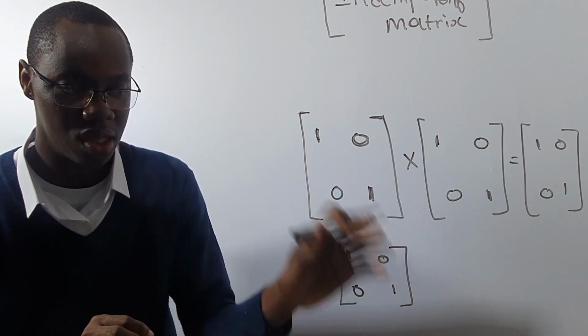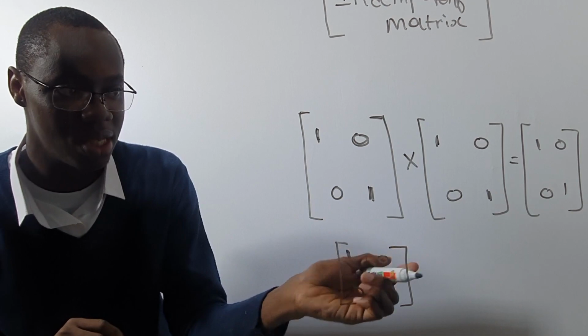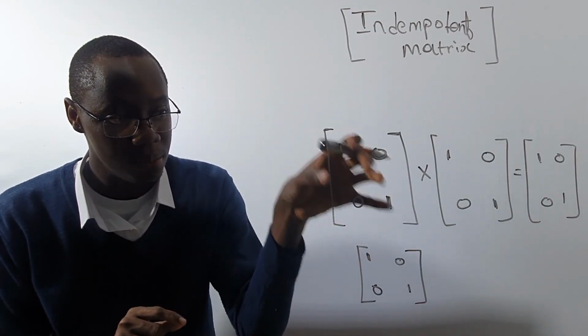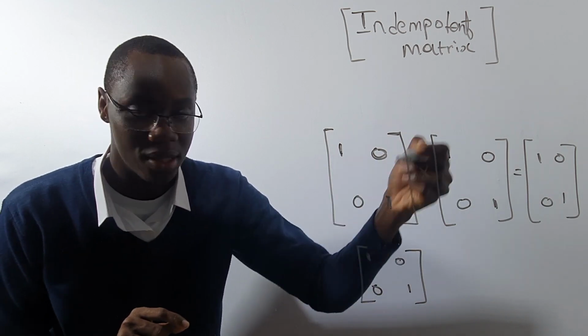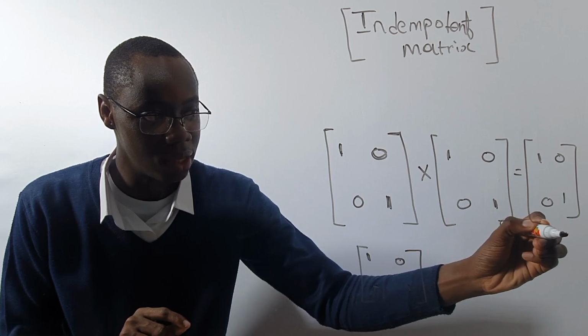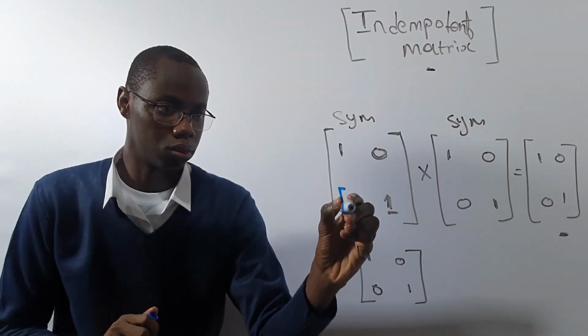Now I know this matrix is symmetrical, and the transpose of this matrix is still the same matrix. So every time a symmetric matrix multiplies itself and reproduces itself again, they are referring to an idempotent matrix. So don't forget that.